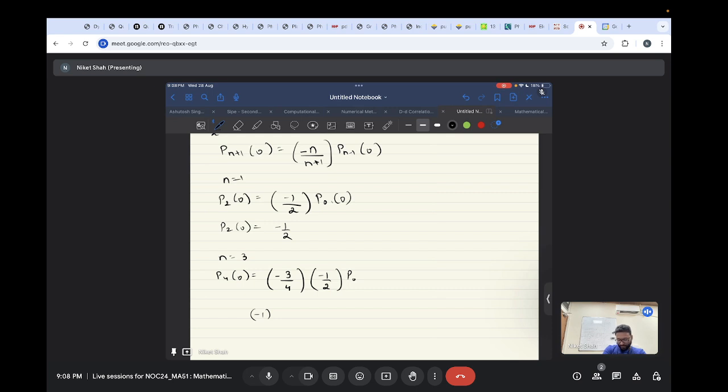Basically, that's what I'm trying to do. I'm trying to think of a general relation with respect to minus 1. Right, so this is P2n where n is equal to 2. When I'm trying to write P2n, it is simply minus 1 raised to power n, because for P2 it's going to be a negative sign, and P4 is going to be positive. Okay, so this is done. Minus 1 has been sorted out.